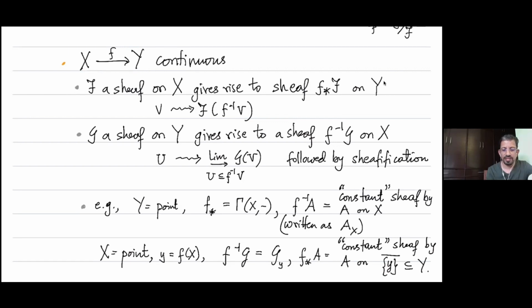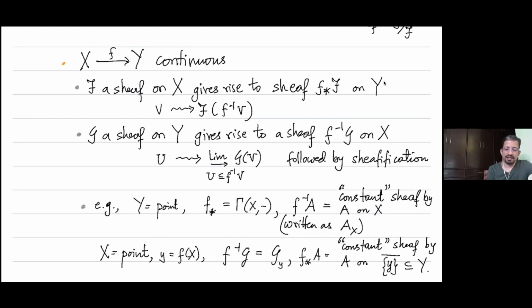If the open set is U, I look at f of U and look at all V which contain f of U, or you can say U is inside f inverse V. Then I look at the G of V for this, and I try to, in some sense, pick the smallest one. There may not be any smallest one, so I take the direct limit over all such G(V).